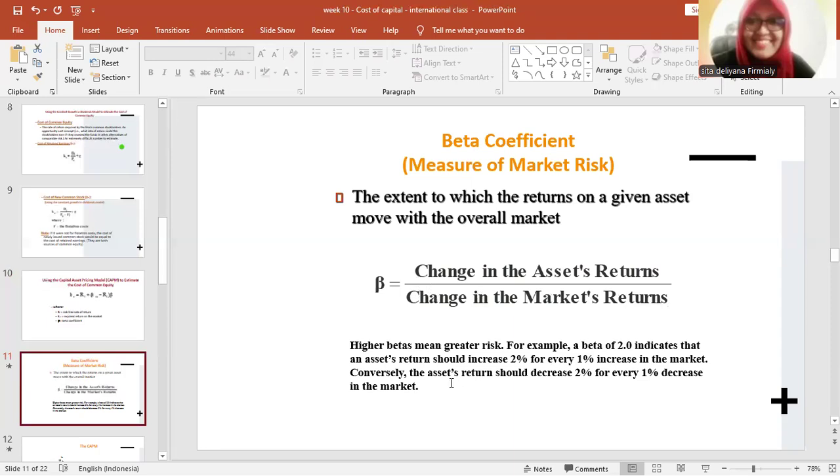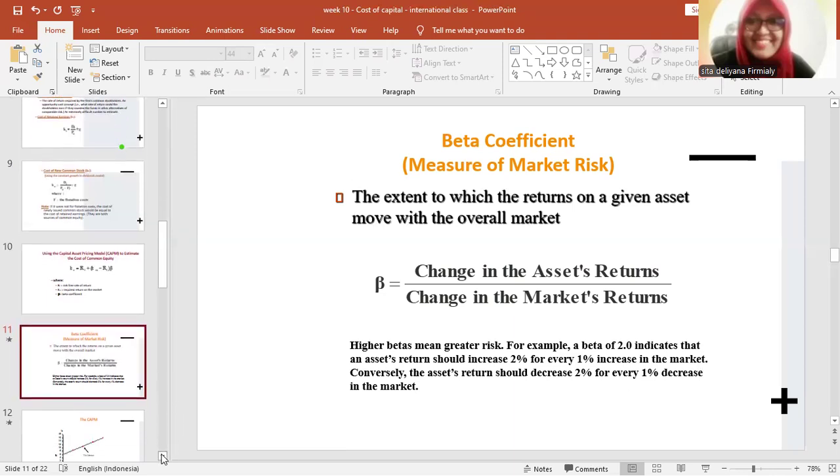A higher beta means greater risk. For example, a beta of 2.0 indicates that an asset's return should increase 2% for every 1% increase in the market. Conversely, the asset's return should decrease 2% for every 1% decrease in the market.